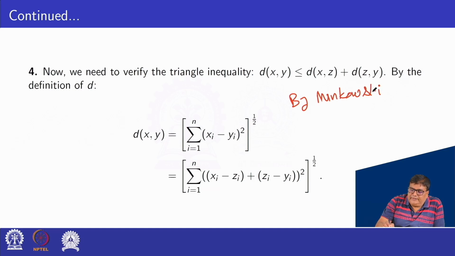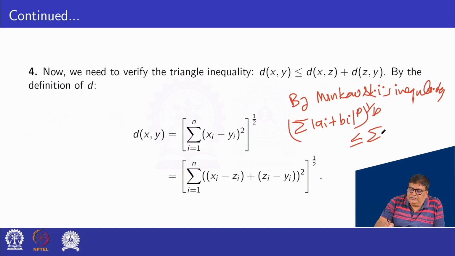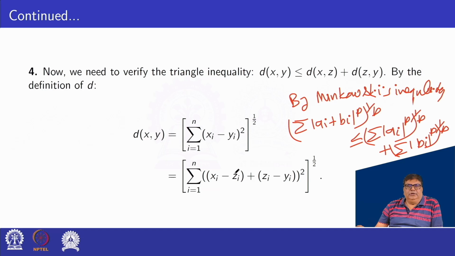Here we have two terms, ai and bi, and p is 2, which is greater than or equal to 1, so we can apply the Minkowski inequality.